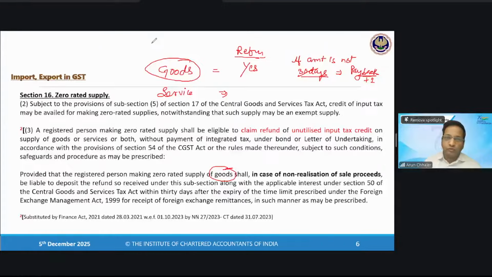Sanjay, Yogesh, why only for goods? Any idea? Goods can be brought back. Okay.